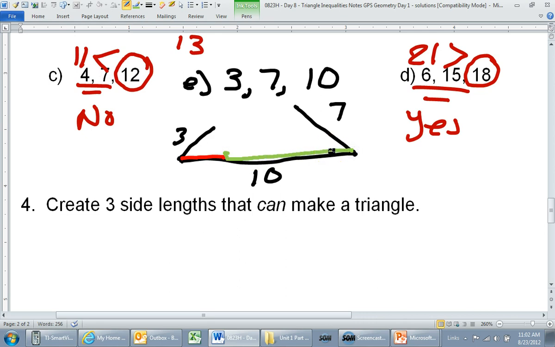They will touch, but only if it's flat. That's the only way they'll touch. There's nothing left over to make the tent, to make the triangle with. So that's going to be a no because a flat line is not a triangle. Okay? So if they're equal, that's a no. Flat line does not make a triangle. All right? Does everybody understand why that one's a no? Okay.